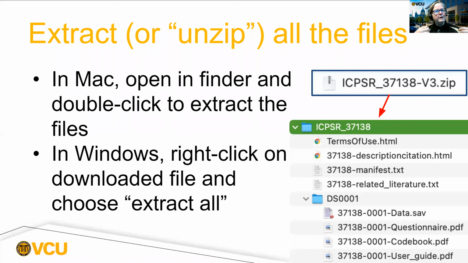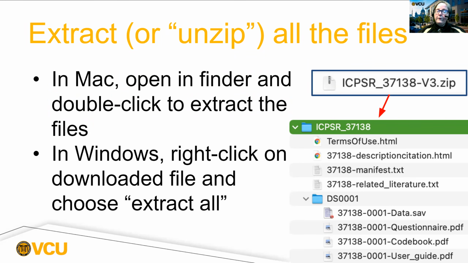And so to make it take up less time in the download, and to be able to keep all the stuff together, they zip it into a single file called a zip file. But you can't open the zip file in SPSS or in Stata or anything else. So you have to unzip all of the files in order to find the .sav file that you would open in SPSS.